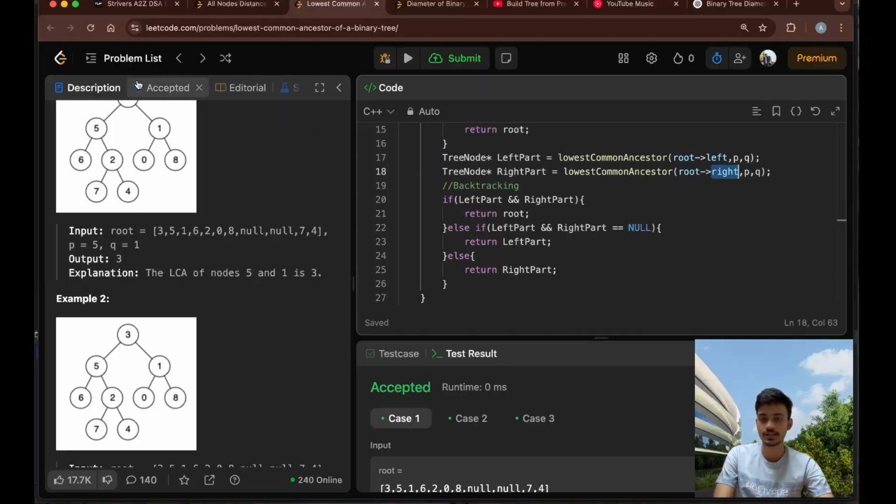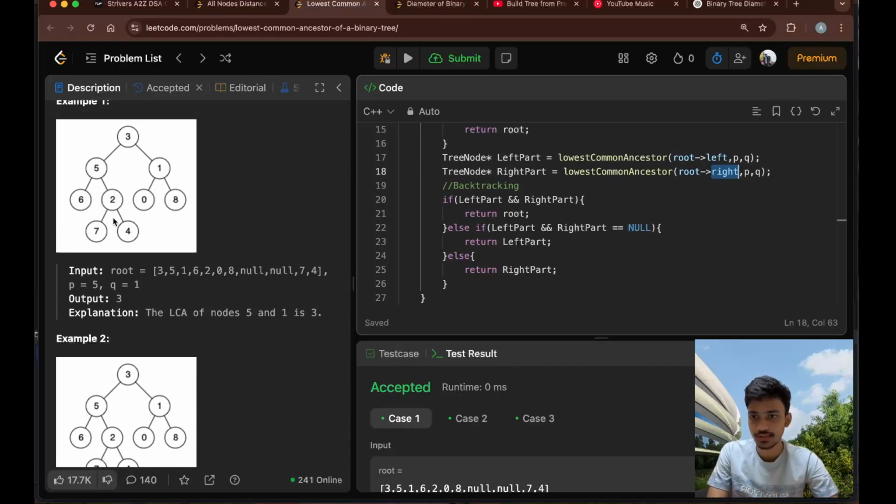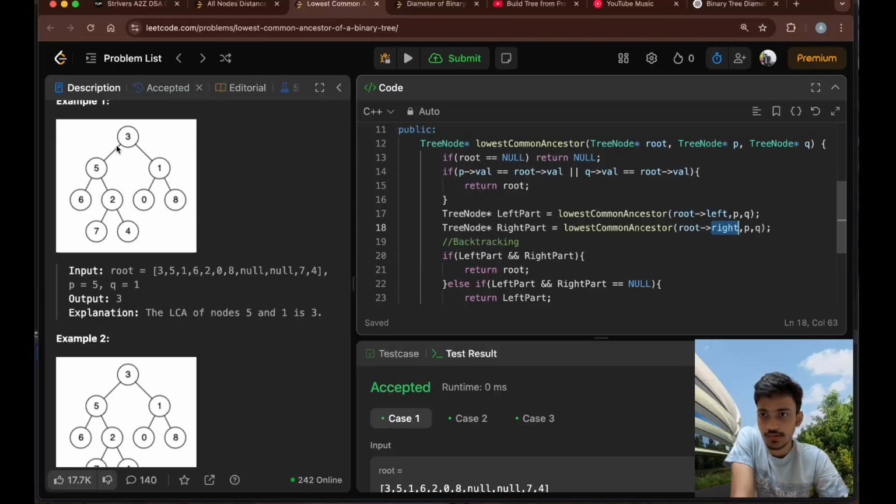The backtracking case, like if we take an example like this. 3. Then 5, we have found P, then return 5 only.